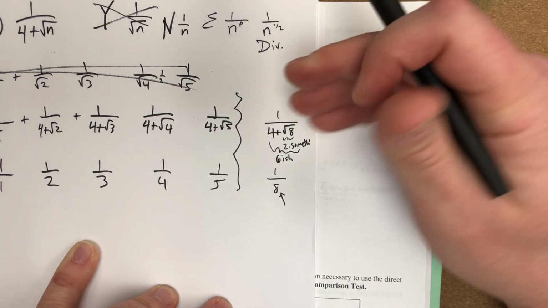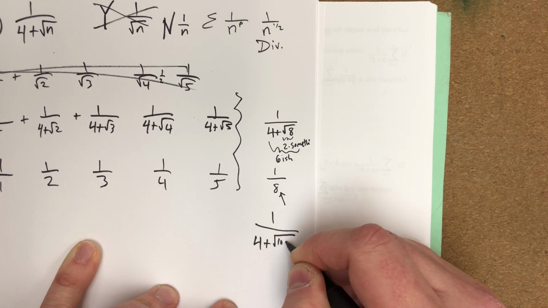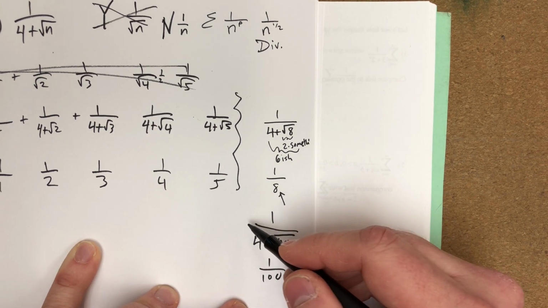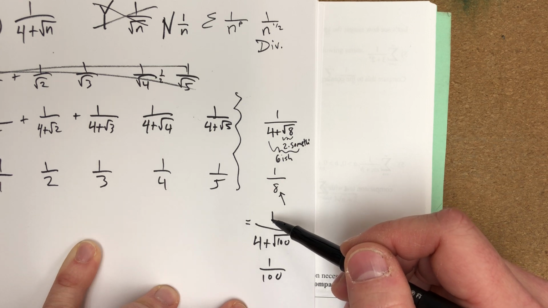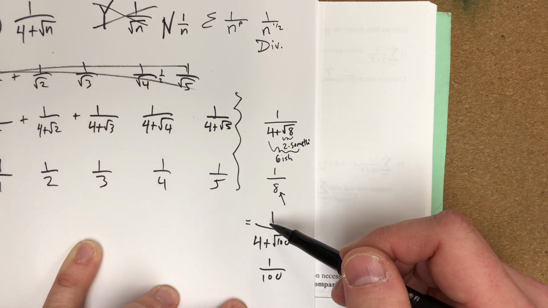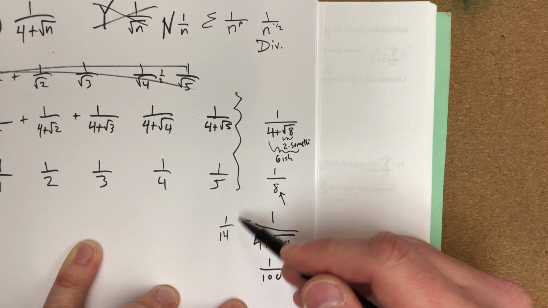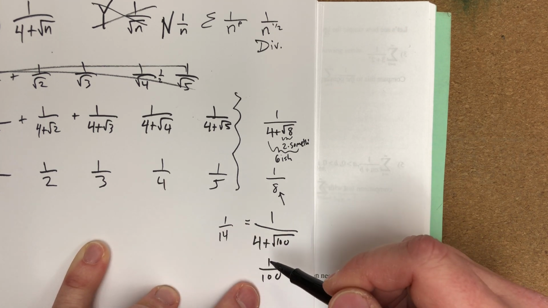And let's continue out toward infinity. Let's go out and say 4 plus the square root of 100, and 1 over 100. The square root of 100 is 10, so this is 1 over 14. 1 over 14 versus 1 over 100, which one's bigger there?